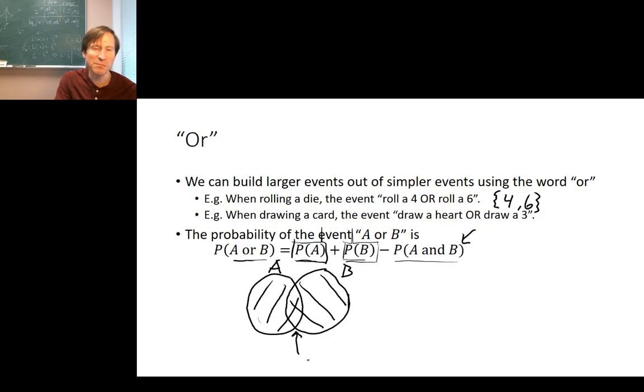But this overlap is the event A and B. So just adding these probabilities together double counts the probability where A and B both occur. And so to take care of that double counting, you have to sort of uncount the overlap once, and that's what this subtraction is doing.